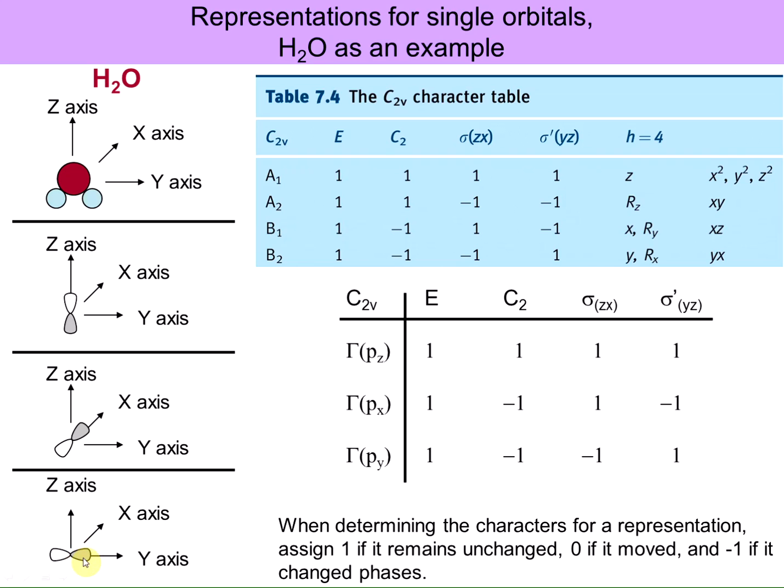And if I do one in the YZ plane, in the plane of the computer board, it looks the same, so it gets a 1. And the py has B2 symmetry, so the irreducible representation B2 will describe that py atomic orbital.